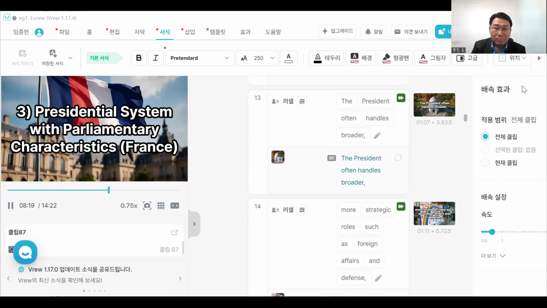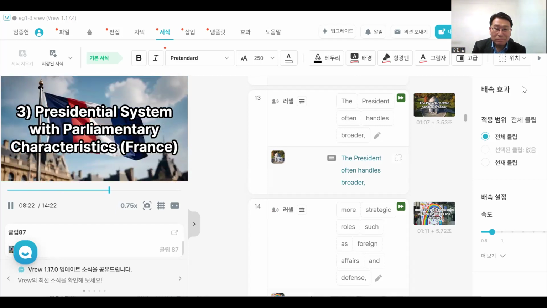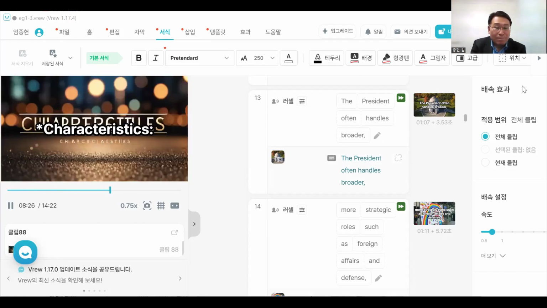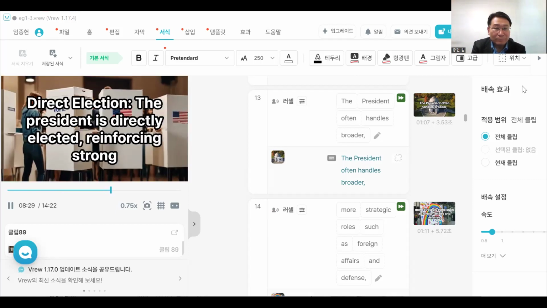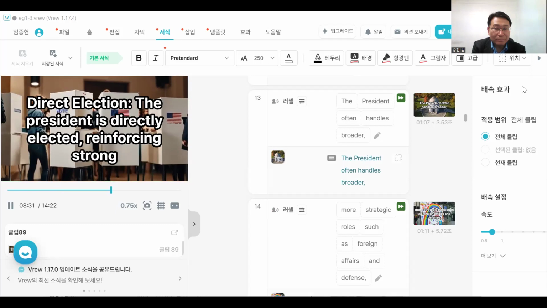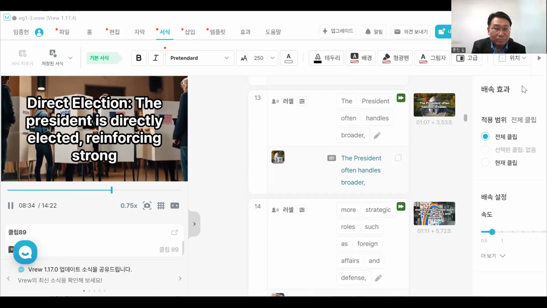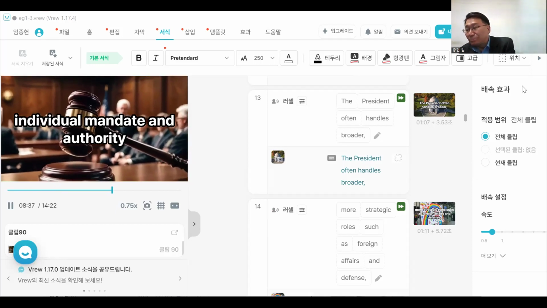3. Presidential system with parliamentary characteristics. France. Characteristics. Direct election. The President is directly elected, reinforcing strong individual mandate and authority.